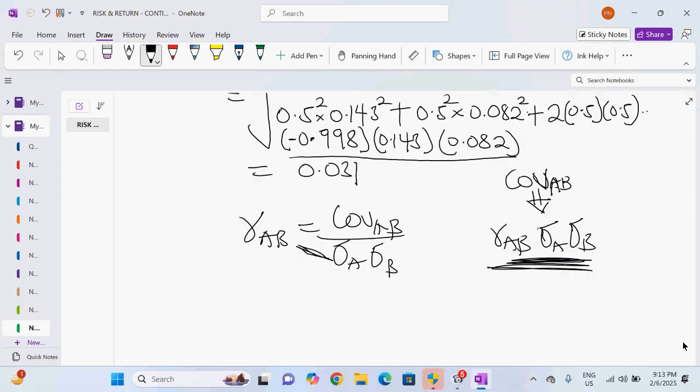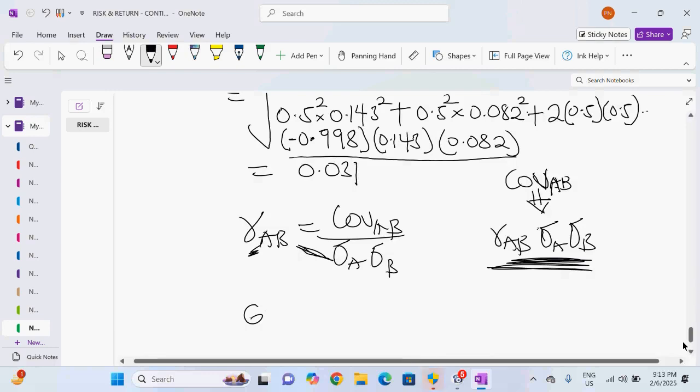I'm asking if there's an instance where I replace the covariance with the correlation coefficient. The correlation coefficient is just this one. So you're asking, is there an instance where we replace the covariance with the correlation coefficient?